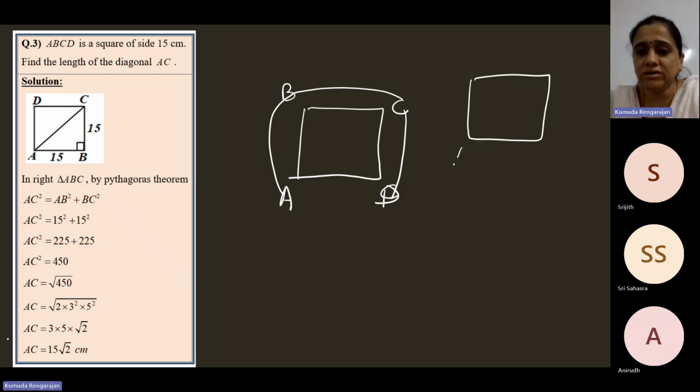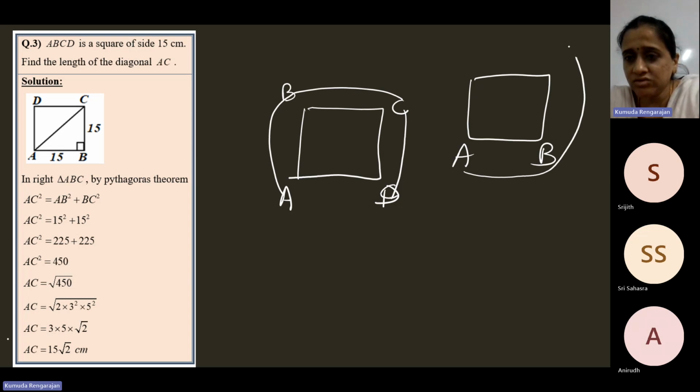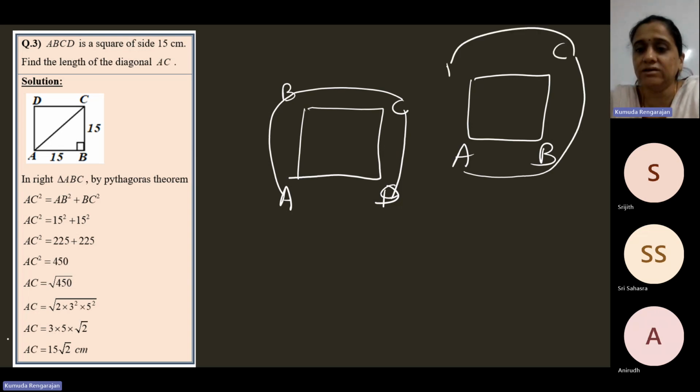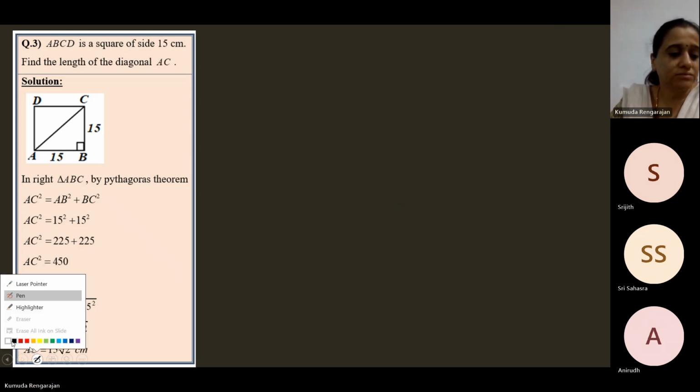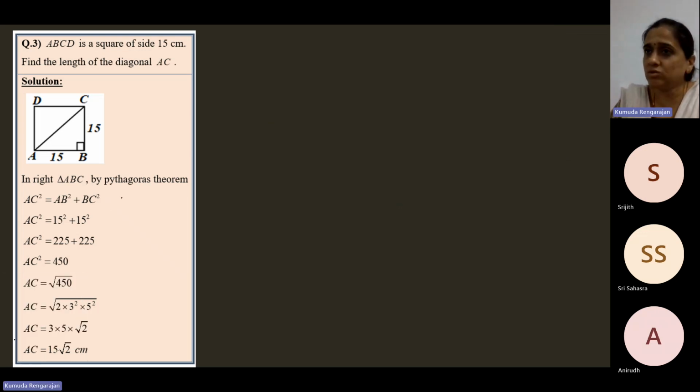If you mark B here, A and B here, then C here and then D here. So go in the clockwise or anti-clockwise direction while marking the vertices of any figure, any polygon. So ABCD is a square of side 15 centimeters. Find the length of the diagonal AC.